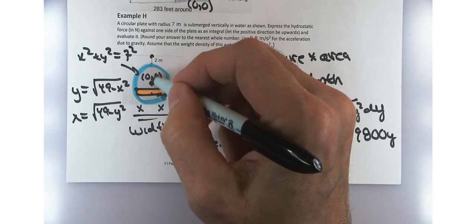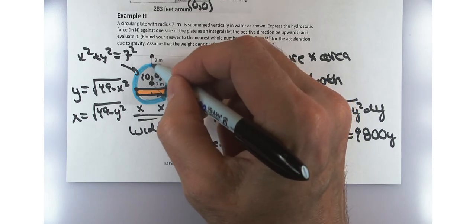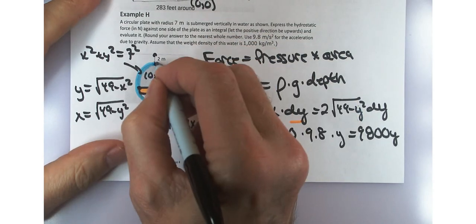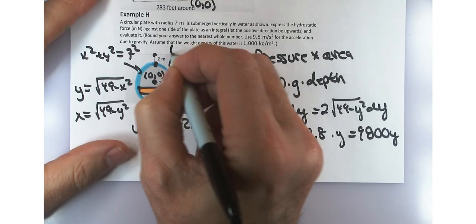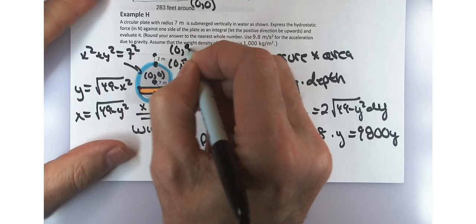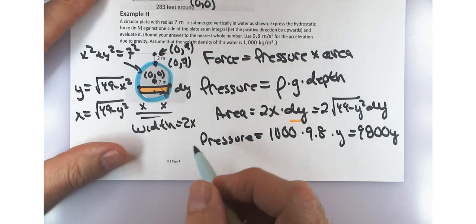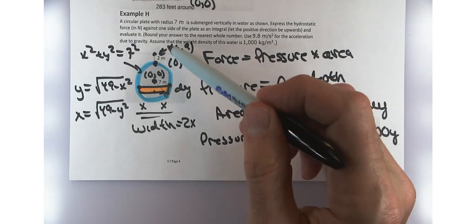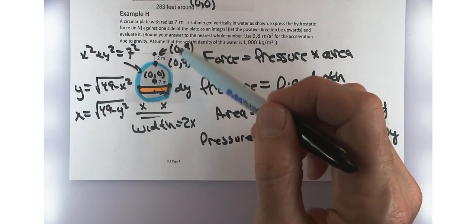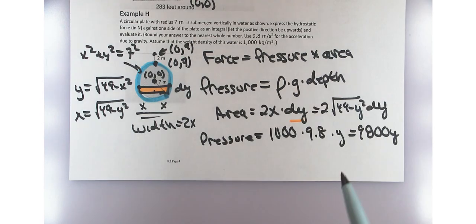This is going to be a distance of 7, so that'll be the coordinates of 0 and 7. And this is going to be 0 and 9. That's going to be our point at the top. So the distance from the surface, our depth, is going to be 9 minus y. So that's going to be our final depth.